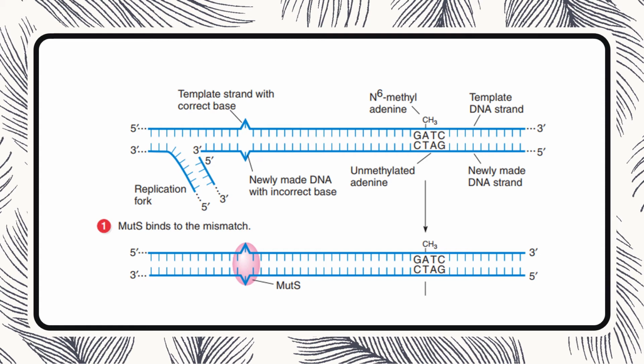The mismatch repair proteins are basically responsible for identifying the mismatch and synthesizing the new, properly repaired DNA. We have MutS proteins which are responsible for the repair mechanism. First, the MutS protein binds to the mismatched DNA sequence.